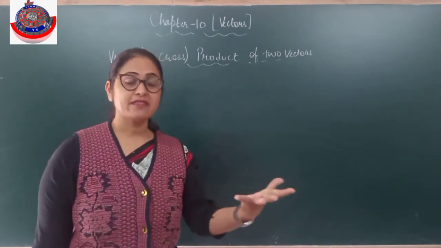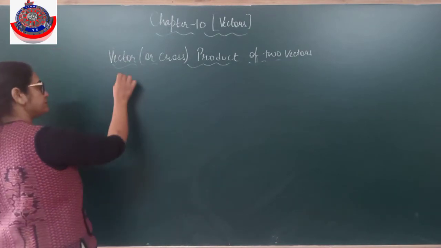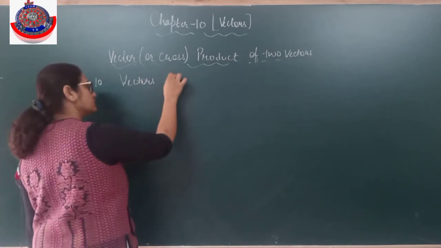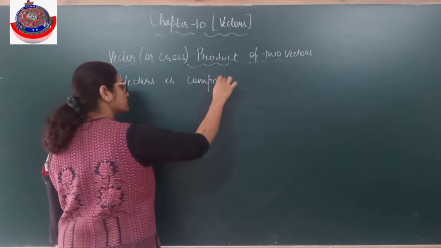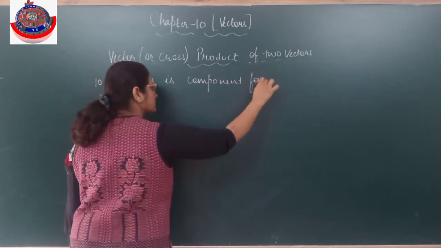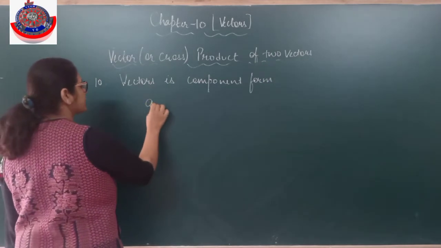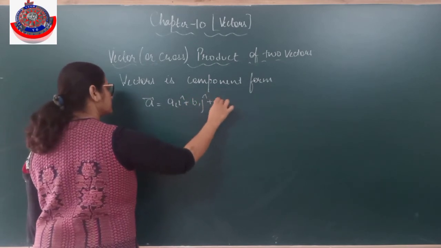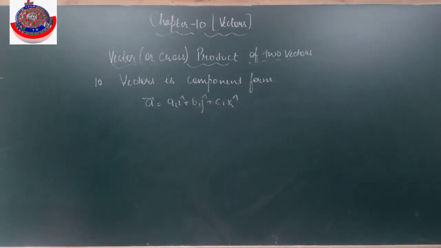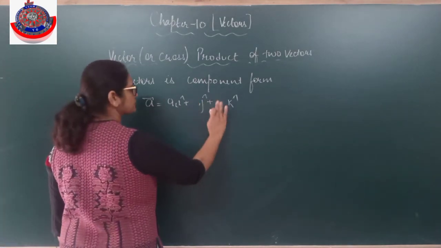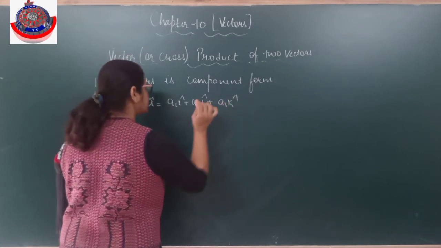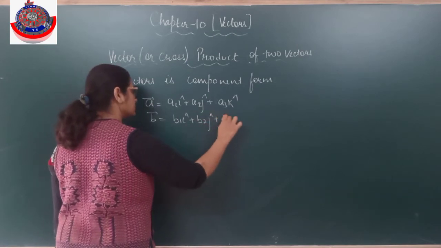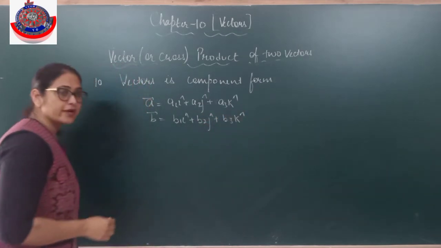Now if the angle is not given and the vectors are given in component form, then suppose the vector A is A1, A2, and so on.